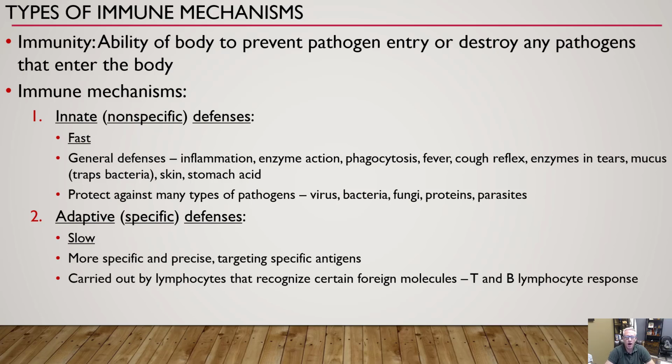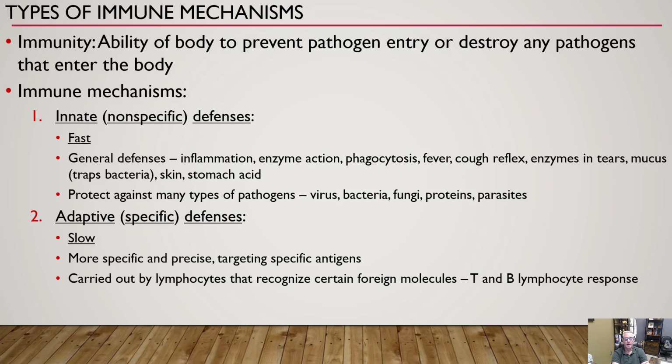We don't necessarily know the exact type of virus, or the exact type of bacteria, or the exact type of fungus or protein or parasite. We just know that something foreign has entered our body or is trying to get into our body, and we're going to protect against it. So your stomach acid doesn't care what type of protein it is. Your stomach acid is going to degrade the protein.